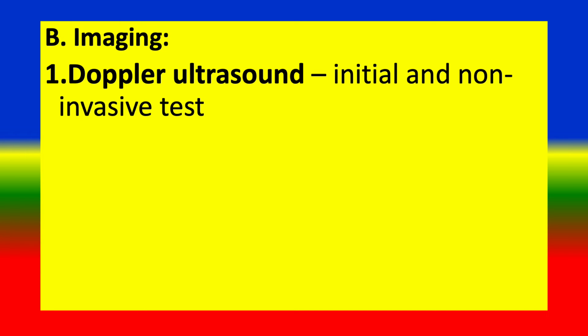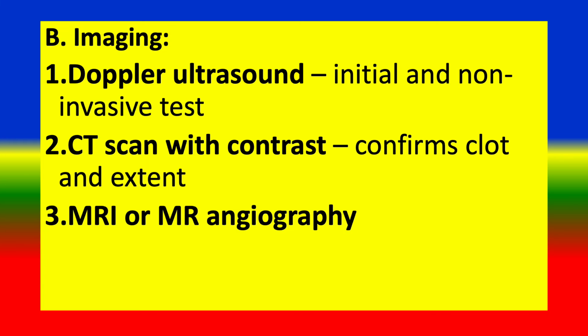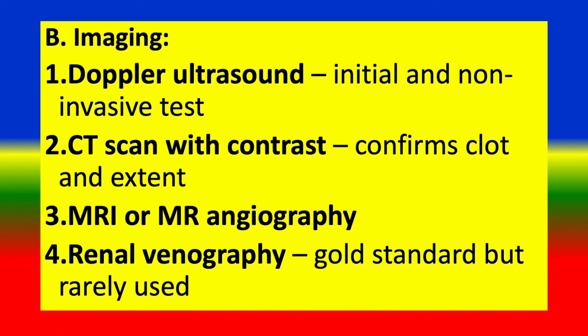Doppler ultrasound, the initial and non-invasive test. 2. CT scan with contrast confirms clot and extent. 3. MRI or MR angiography. 4. Renal venography, the gold standard but rarely used.